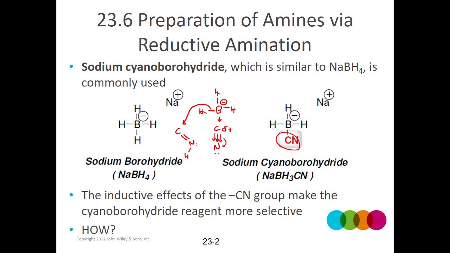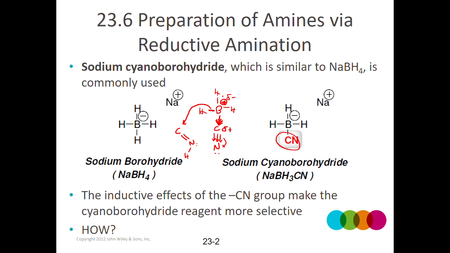So because this carbon has some partial positive, it starts to attract electrons away from the boron, so it's not as unstable. If I have a negative charge, the more electrons there are shifted toward that atom, the more negative there is, the more unstable it is. So by pulling some of the electrons that are shared with the boron away through induction, because the nitrogen's electronegativity is shifting electrons away from the boron, this only becomes a large partial negative.